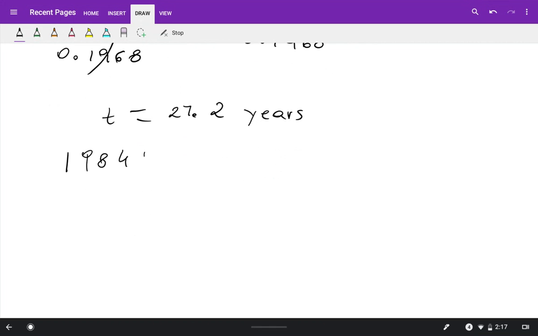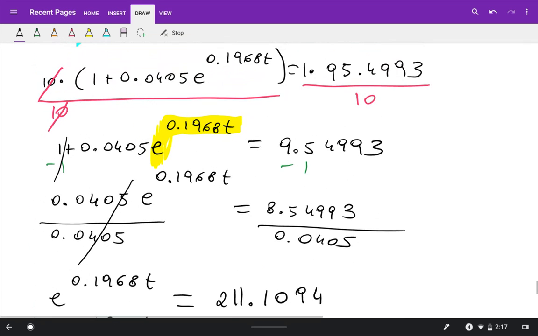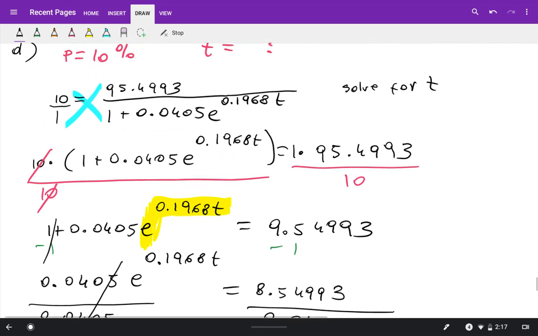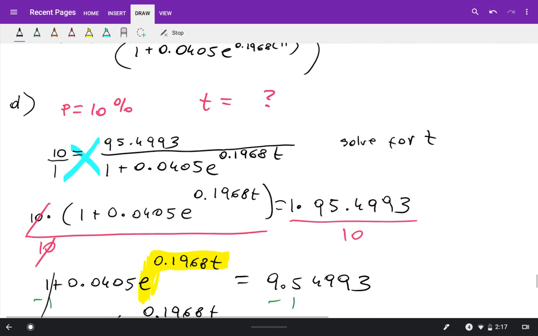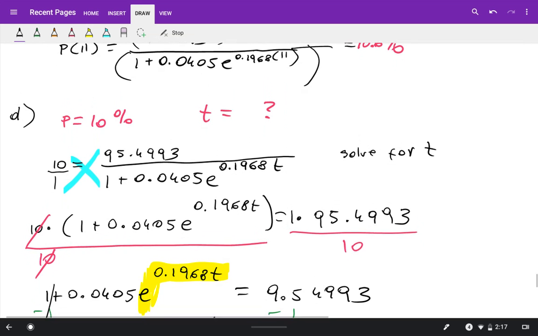So 27 years after 1984 will give us 2011. So in 2011, the percentage of households who still do not own personal computers is 10%.